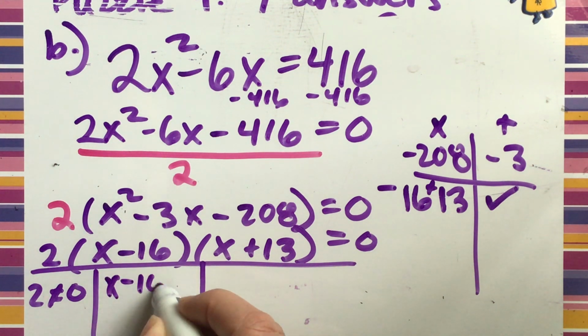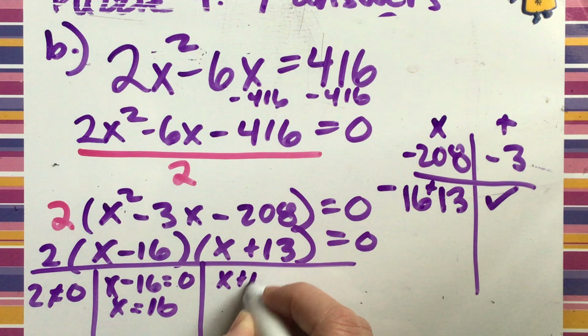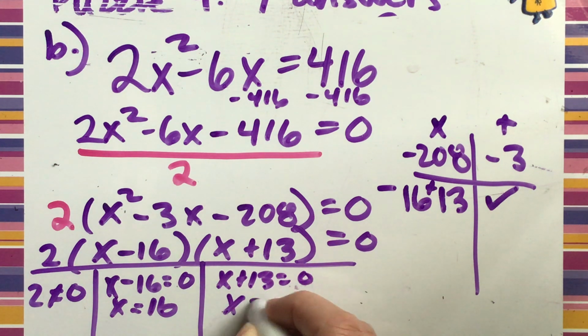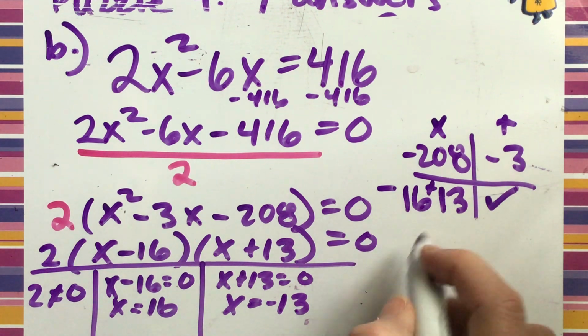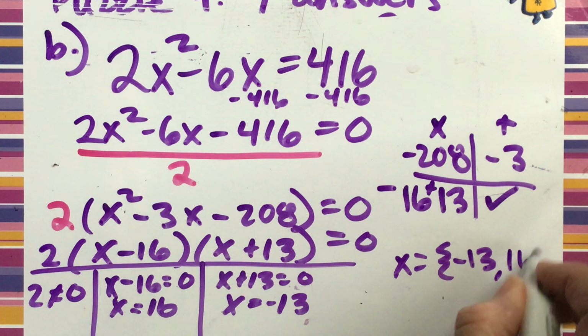X minus 16: I have a positive solution of 16. And x plus 13 equals 0: I have a negative solution of negative 13. Let's rewrite this as a solution set. X equals the set of negative 13 and 16.